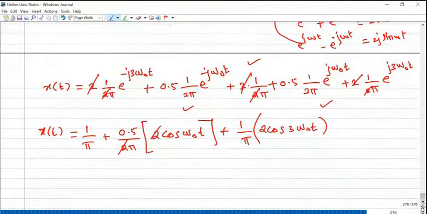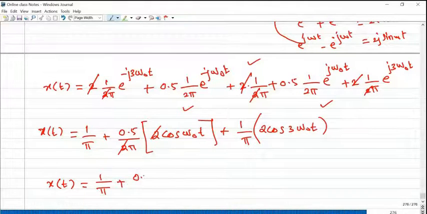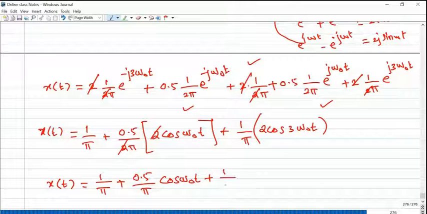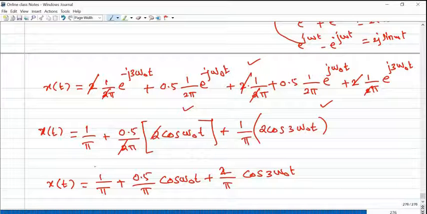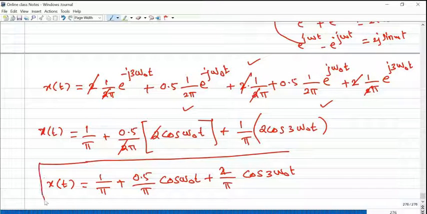So for the given X(jω), the inverse Fourier transform result is 1/π + (0.5/π) cos ω₀t + (1/π)(2/π) cos 3ω₀t. So this is the result.